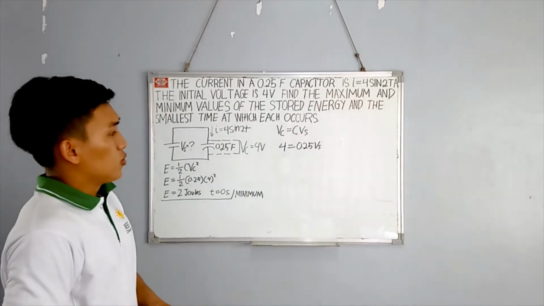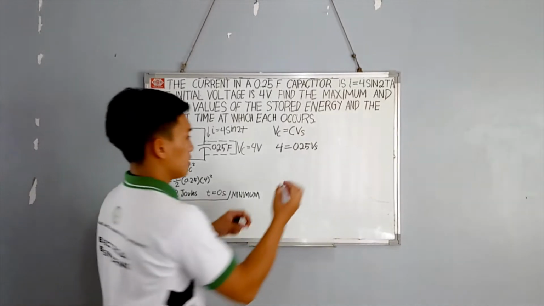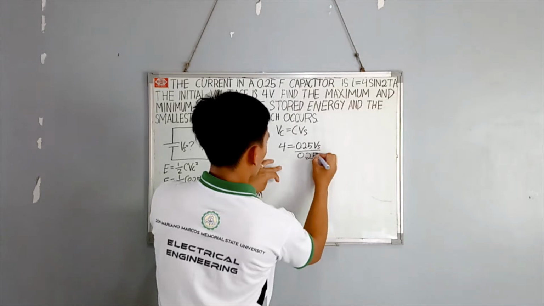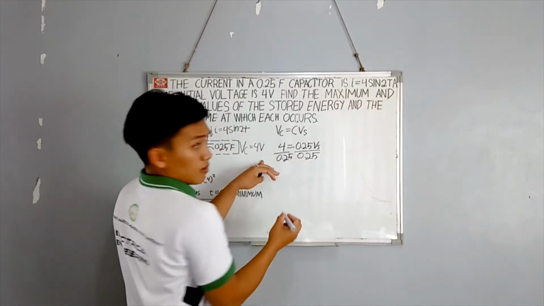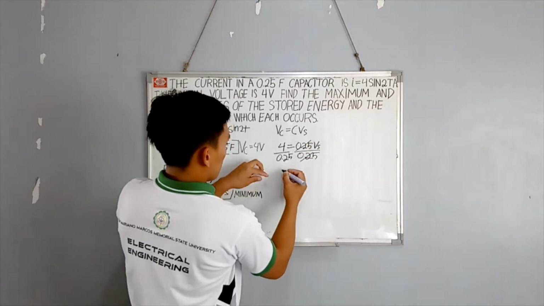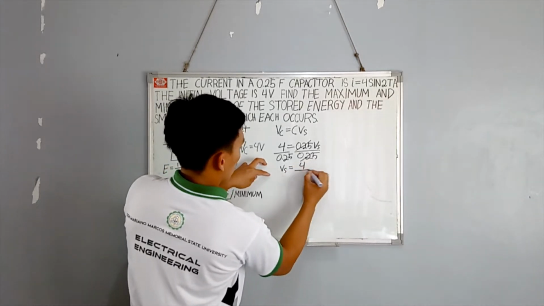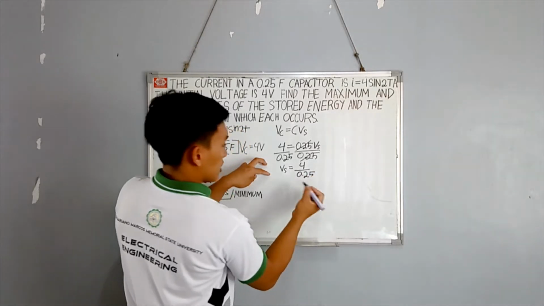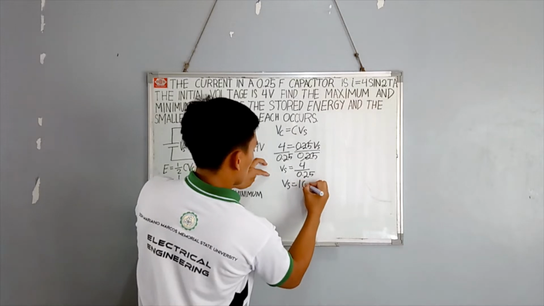To get the voltage source, we divide both sides by 0.25 and cancel 0.25 and 0.25. Now the voltage source is equal to 4 over 0.25, which is 16 volts.